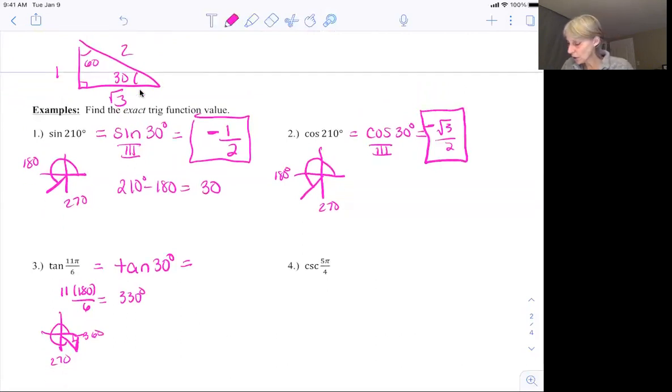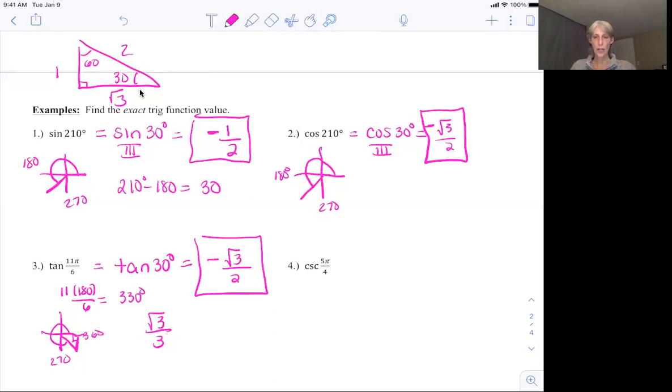So the tan of 30 is radical 3 over 3. And in the fourth quadrant, the tangent is negative. The tangent is negative because the cosine is the only function that's positive in that quadrant. So the tan and the sine will be negative.